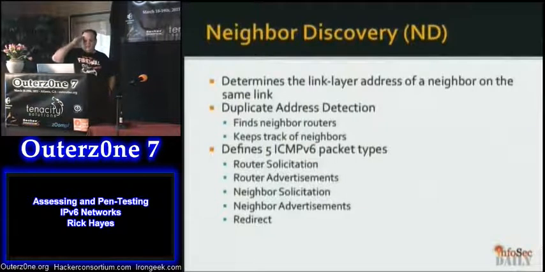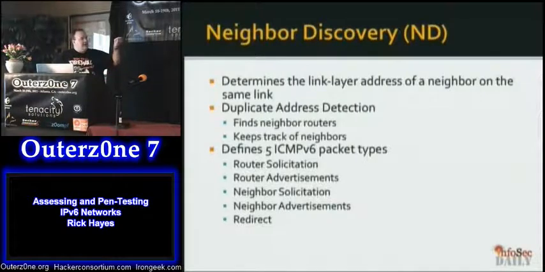So neighbor discovery determines the link layer addressing. Think about it: it makes sure that I don't have a duplicate address, so you're not going to have the same v6 address that I have. It's also going to make sure that I know of the routers that are out there. It's going to make sure that I know all of the neighbors when they come up and when they go down, because they announce themselves. Now, if it's a hard crash, they just won't be there. But generally, when they're being shut down, they're nice.